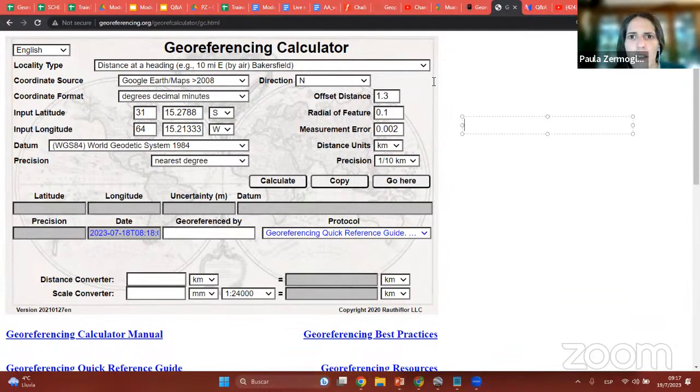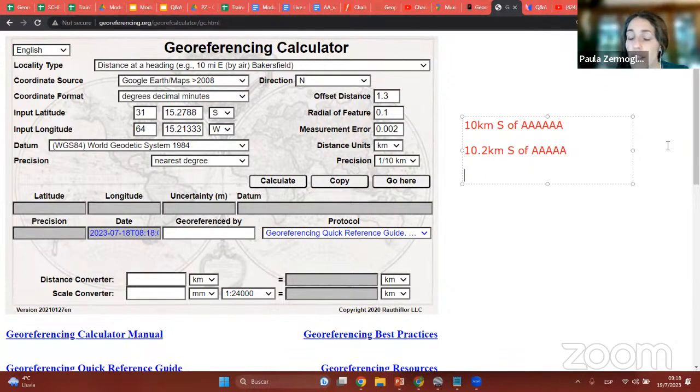If the location description, for instance, said 10 kilometers south of a town, that's one option. Then we have 10.2 kilometers south of the town.